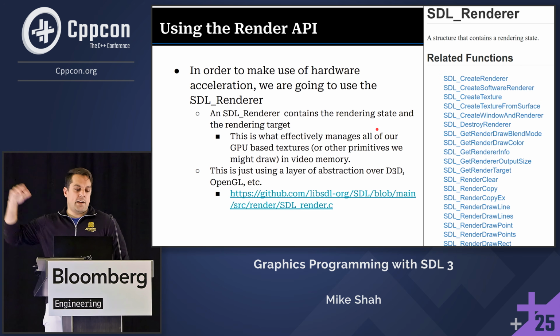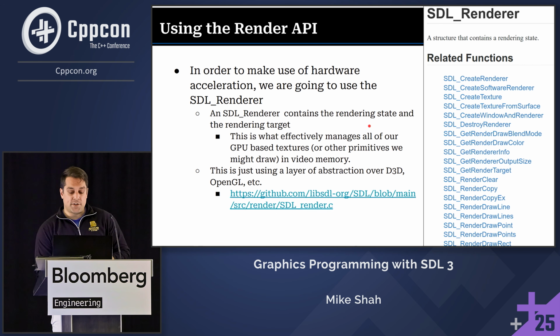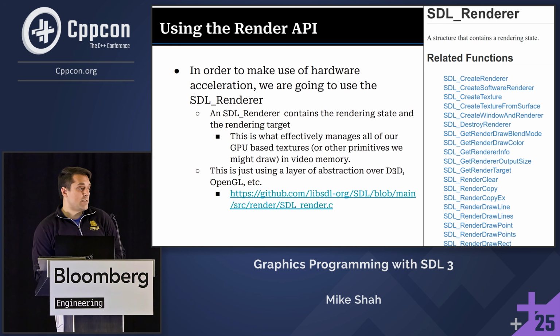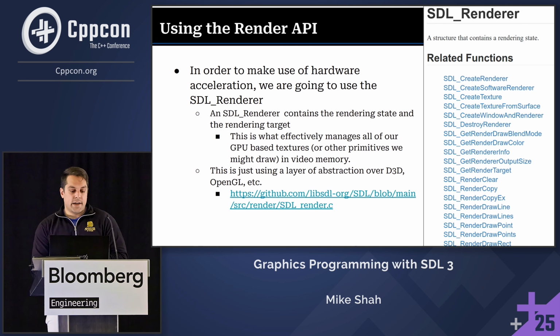And then importantly, we have our rendering functions, which is all of the state in the hardware accelerated rendering that manages for us this idea of clearing the screen, drawing our graphics, and then ultimately presenting our graphics. That's just an abstraction over Direct3D, OpenGL, as we saw in my case maybe Vulkan, Metal.